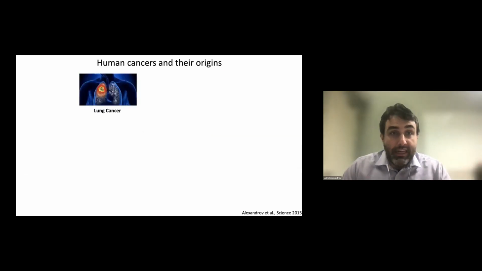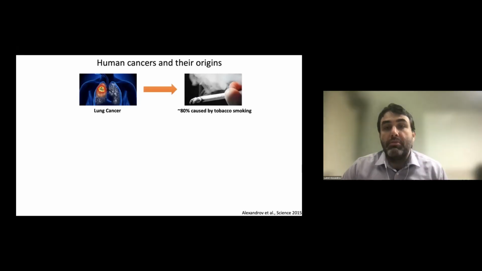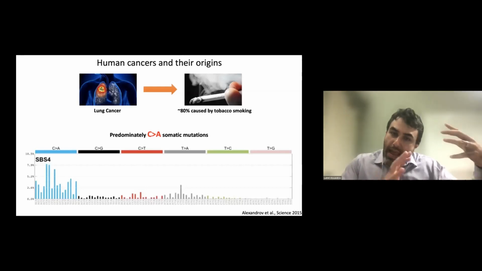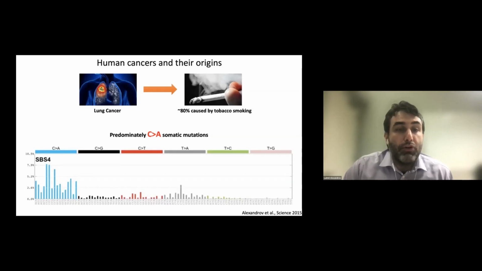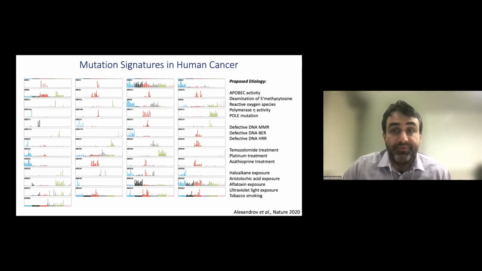If one looks at lung cancer of tobacco smokers, approximately 80% of all types of lung cancer are caused by tobacco smoking. And again, when we look at the cancers of these patients, you're going to see very specific patterns of mutations, a very characteristic molecular fingerprint, and indeed, this can be very well reproduced in experimental studies.